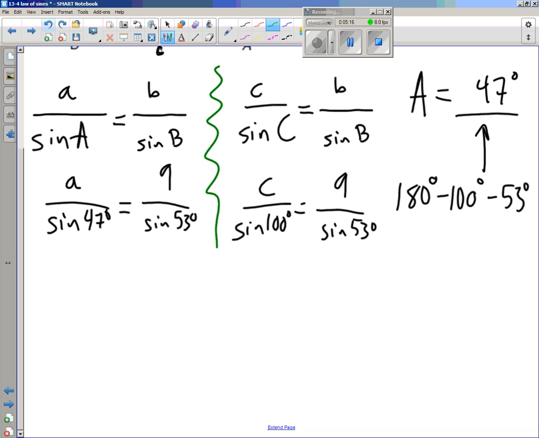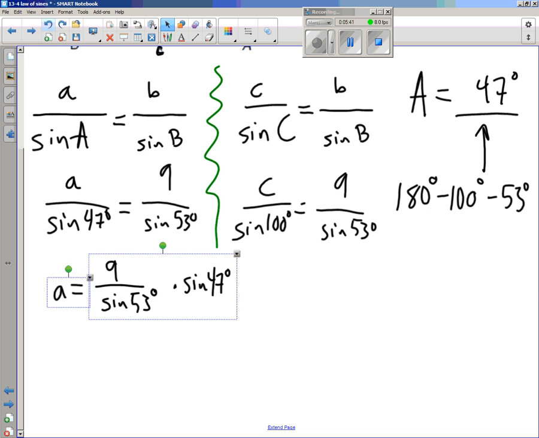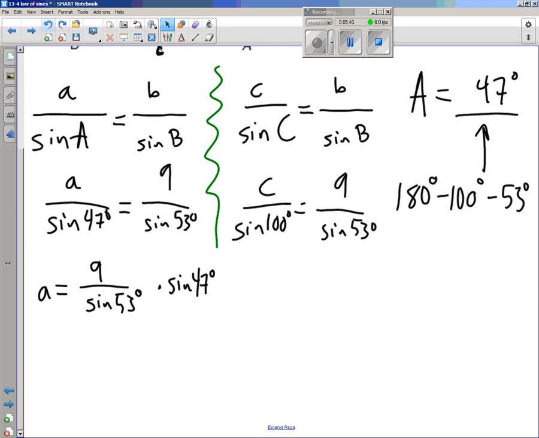So A equals, multiply both sides by the sine of 47. So it becomes 9 over sine of 53 times sine of 47. Might as well just go straight to the calculator.